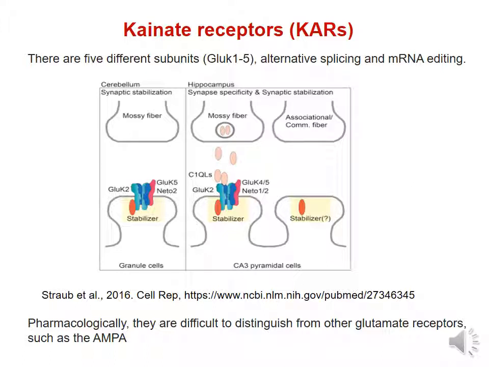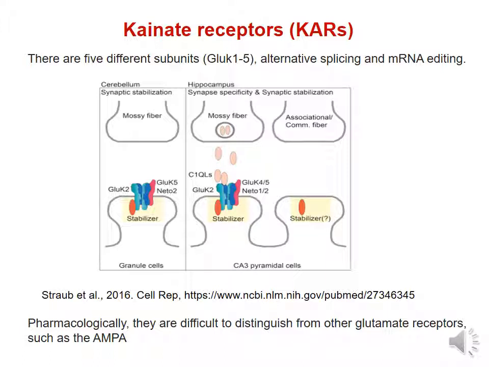In contrast, the extracellular domain of the GLUK4-5 high affinity subunits synergistically controls the synaptic specificity of kainate receptors through interactions with the complement protein C1q, as depicted in this diagram.